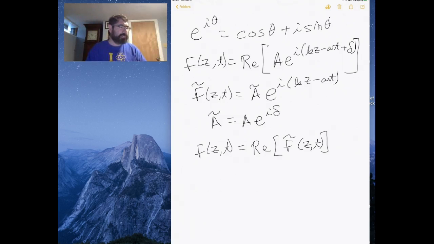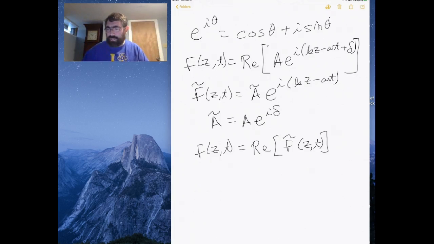Okay. So now that we've written everything, now that we've kind of generalized our wave function into a complex wave function, that means that any wave function we have can be broken down into a Fourier analysis.